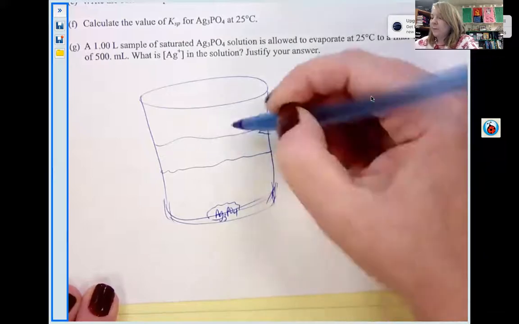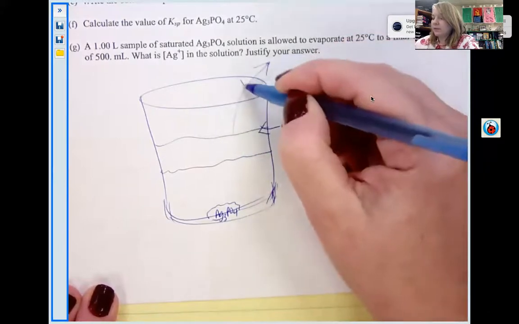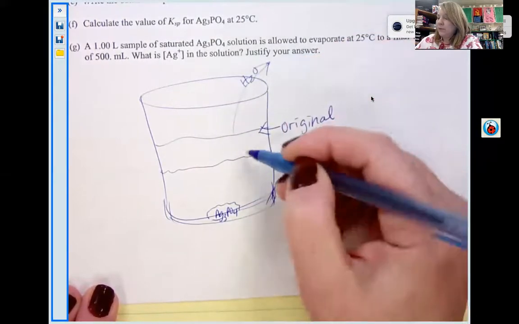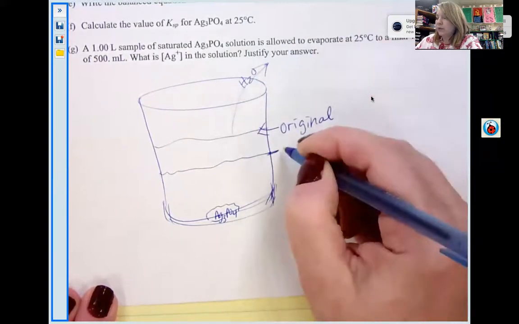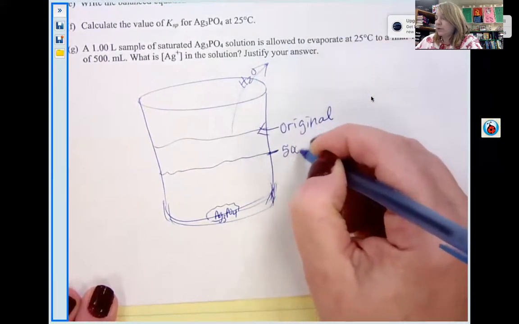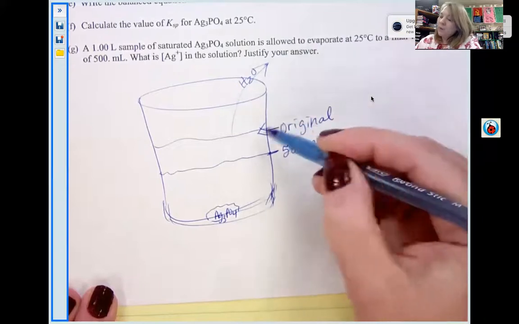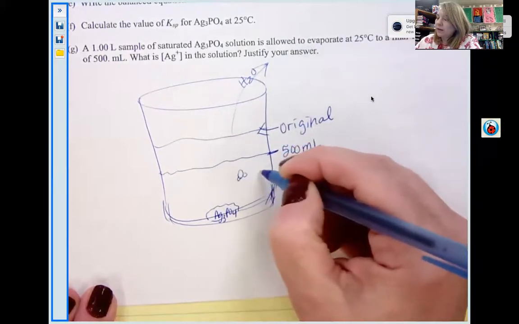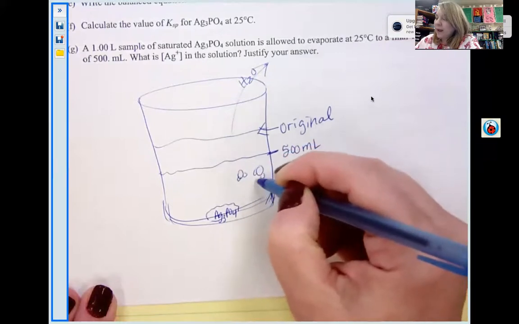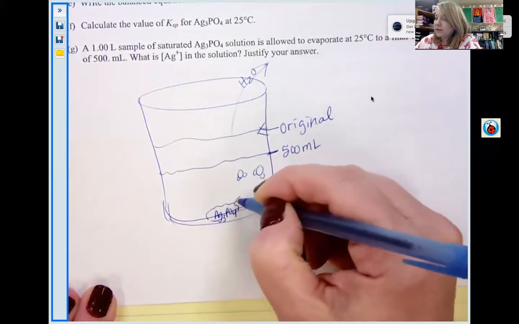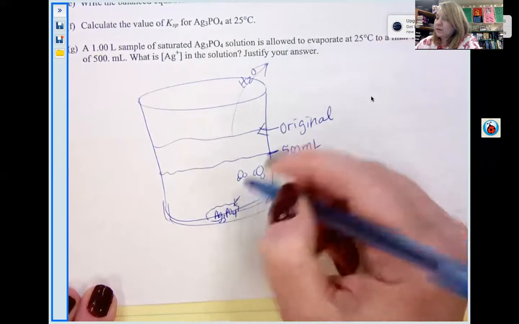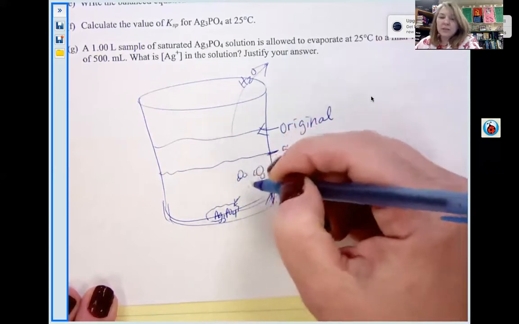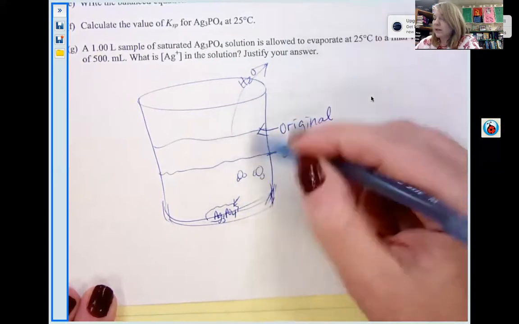As water evaporates and leaves the system, little H2O particles, and we drop our level to the final volume of 500 milliliters, as water leaves, those ions that the water molecules are surrounding are going to drop out into a precipitate. They just drop in here. And so they're going to drop out in the same ratio that water's leaving the beaker.